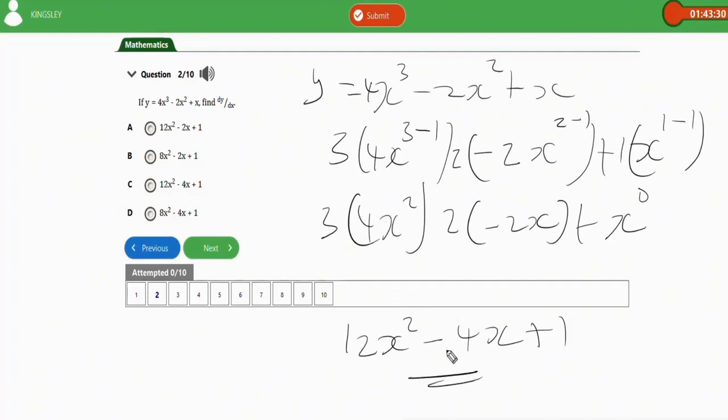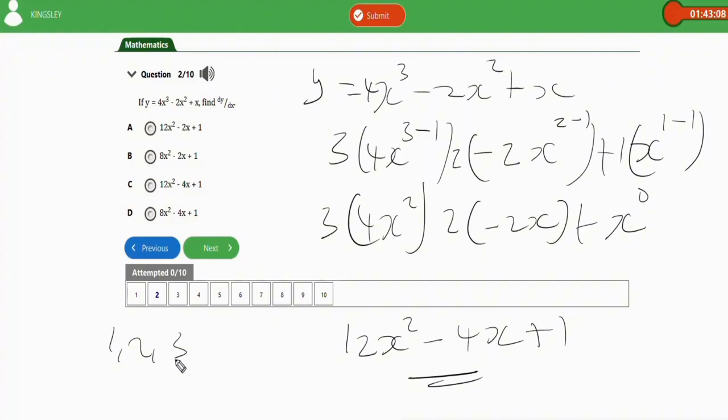Now let's wipe this and solve the next repeated question. Before we wipe this, note that if you are differentiating a constant, let's say something like 1 or 2, a constant in maths, one of the ways you can define it is a value that does not have a variable attached to it.